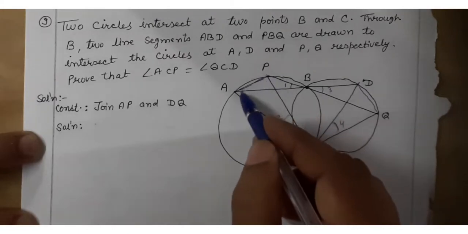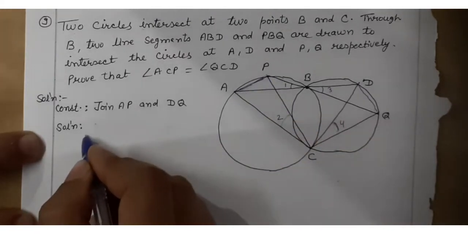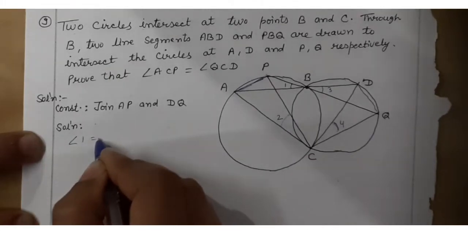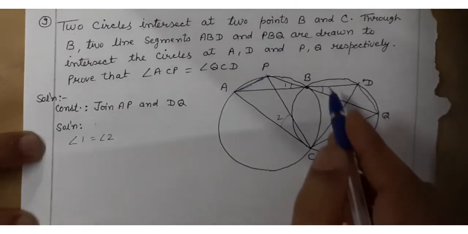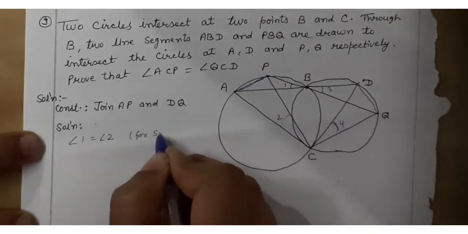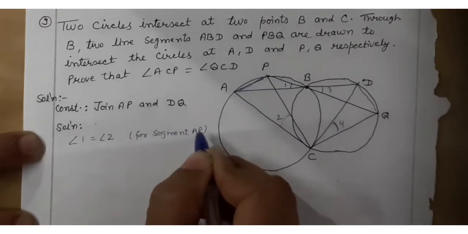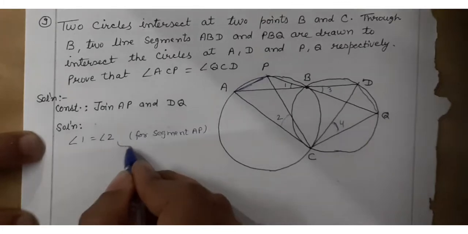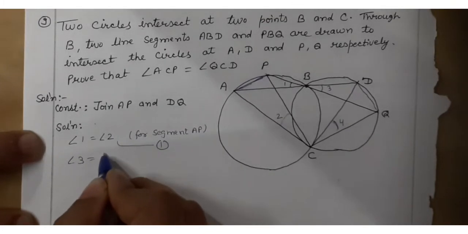Okay. Now you see this is the segment, no? And what we know, angles in the same segment are equal. So I can write angle 1 equal to angle 2. Similarly, for segment AP, equation number 1. Then angle 3 equal to angle 4.